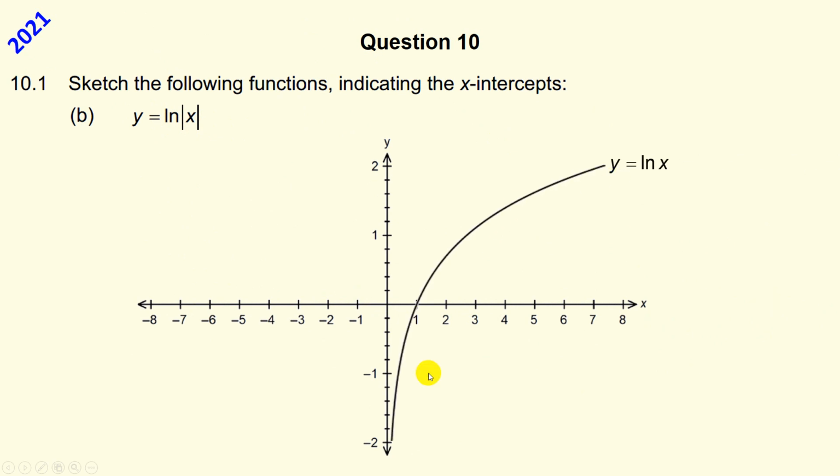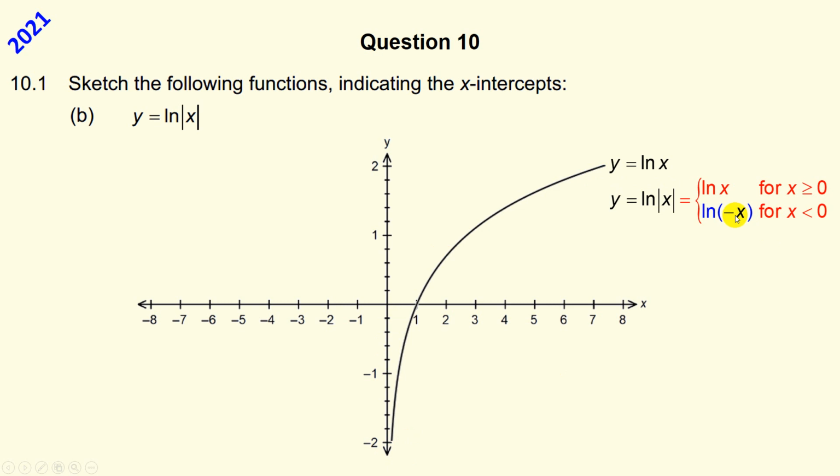So there's y equals ln x. Now y equals ln absolute value of x is ln x for x greater than or equal to 0, ln negative x for x less than 0. So that's fine, x greater than or equal to 0, there we are there.